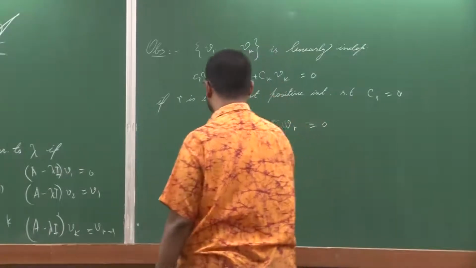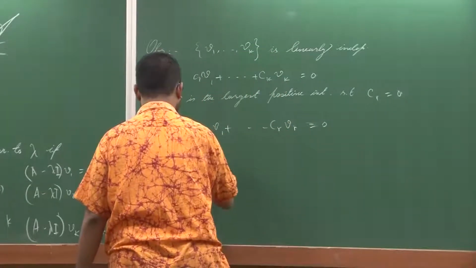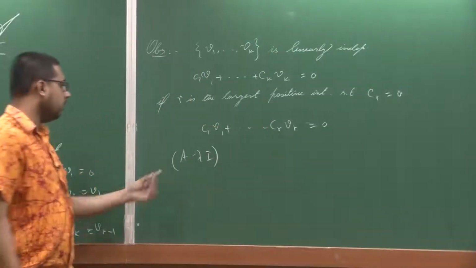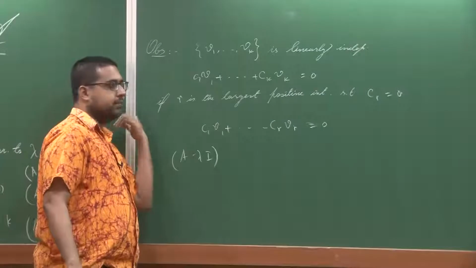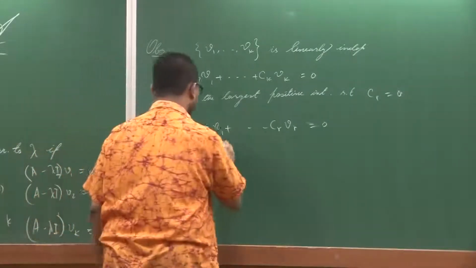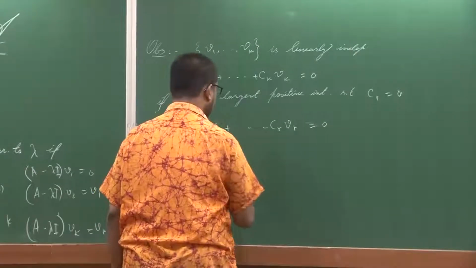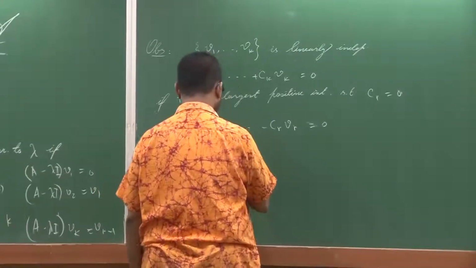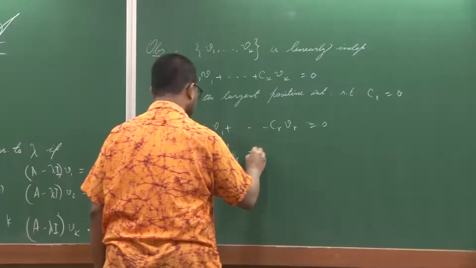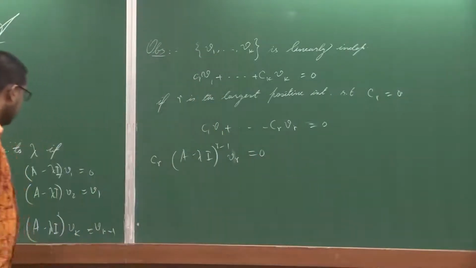Now, you keep on applying A minus lambda I on both sides. When you apply it for the first time, the first term goes away. Applied the second time, the second term goes away. So when you apply it for the r-th time, what you will have is c_r times v1, and this is 0.